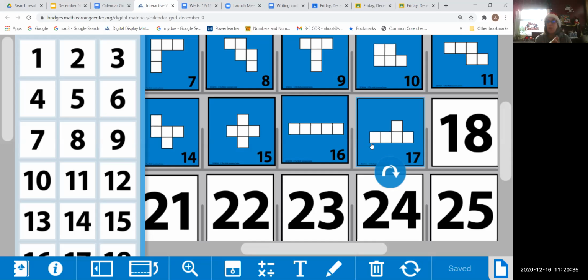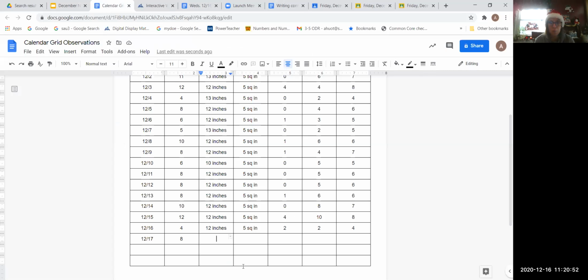So like I was talking about yesterday, if I needed a piece of ribbon to wrap around the entire perimeter, I would need 12 inches because each block is 1 by 1. So our perimeter is still 12 inches.